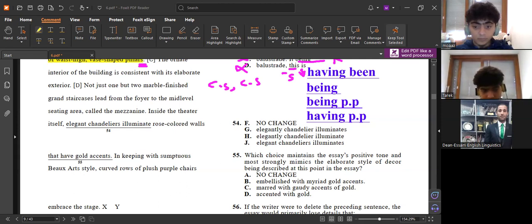You think it's H. Let's find the common mistake together. Why is F correct?